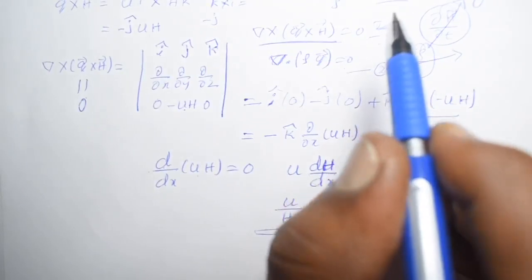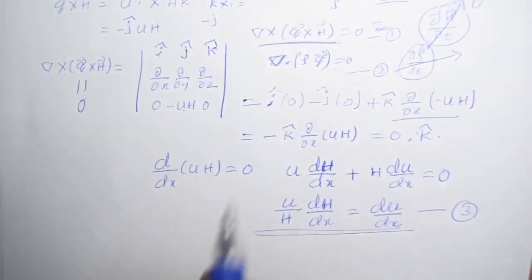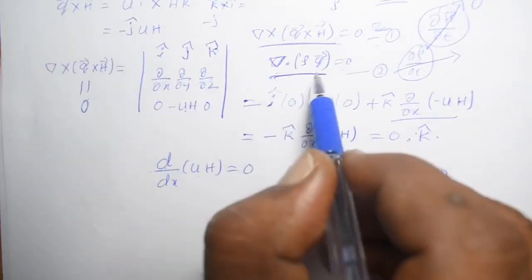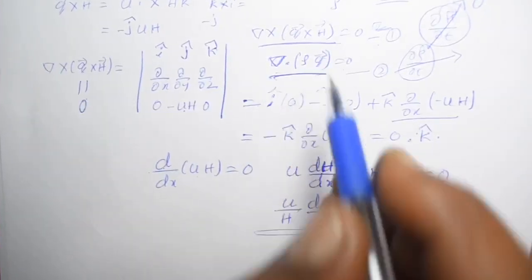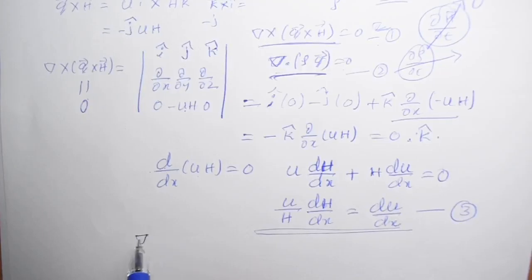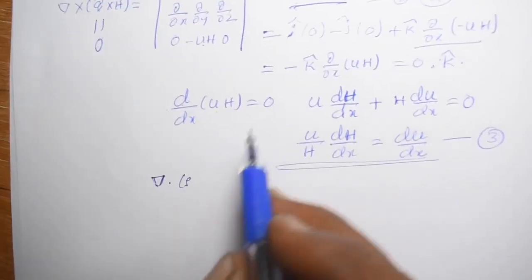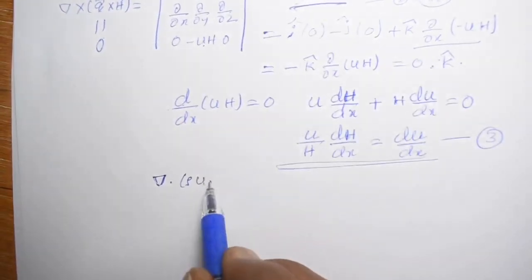Now I am going to take one more equation, that is the continuity equation. What about the continuity equation? Continuity equation becomes divergence of rho into q, where q means simply u into i.